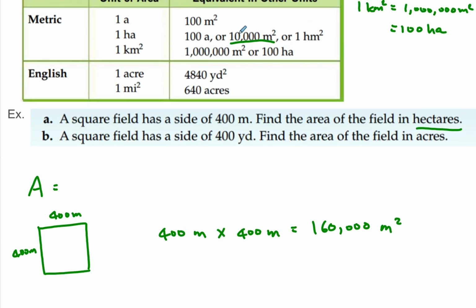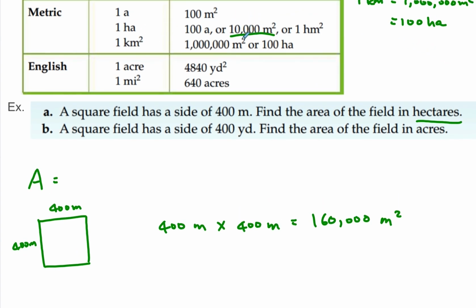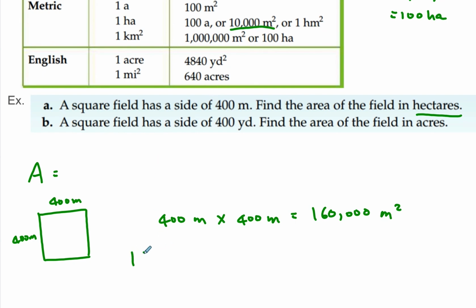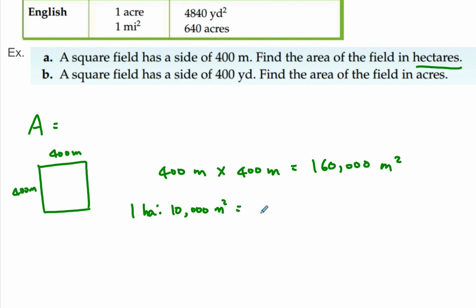It's equal to 10,000 square meters. So we know that 1 hectare is equal to 10,000 square meter. And we are given square meter, so the latter one is what is given to you in the proportion. We don't know how many hectare it is. So you can set it up like that.